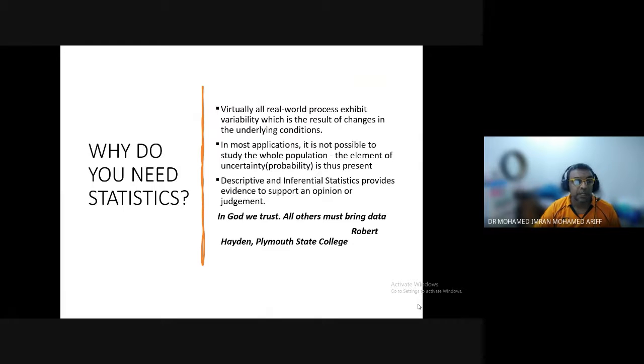It is not possible. For example, you want to study staff in FSPU, but you cannot get the whole population because the population is very big. Or you want to study all residents in Seri Iskandar, the population is very big. Okay, because when you say population, it means everyone in that housing area. Okay, in a district, everyone in that district, from the old aunties to the babies, that is the population.